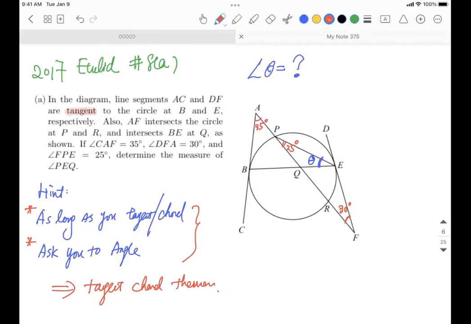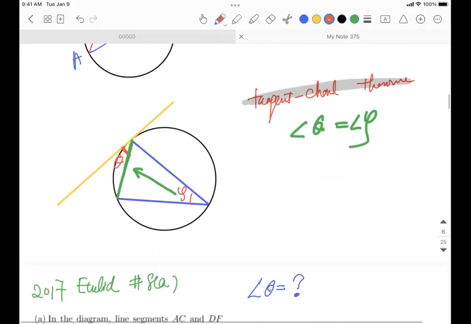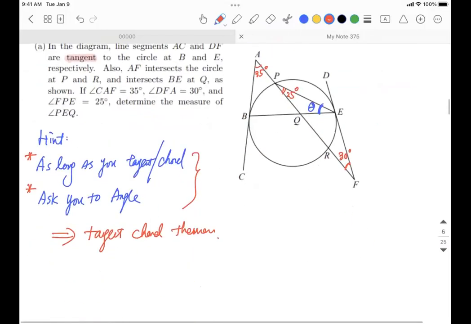Theta is not a tangent chord angle, because our tangent chord angle is an angle included by a tangent and a chord. But even though theta is not a tangent chord angle, theta is kind of like an inscribed angle.